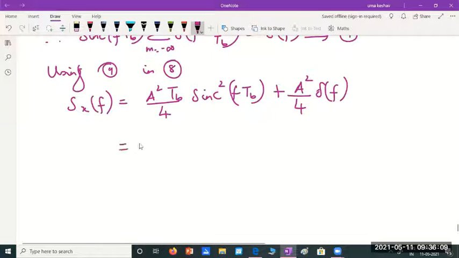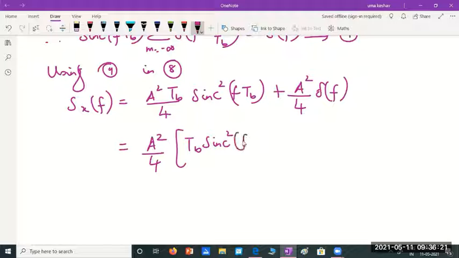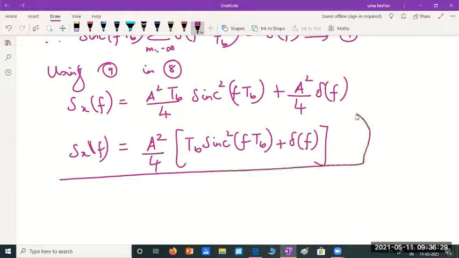Now I'll take the common factor between the two. A square by 4 into TB sinc square FTB plus delta of F is the power spectral density equation.